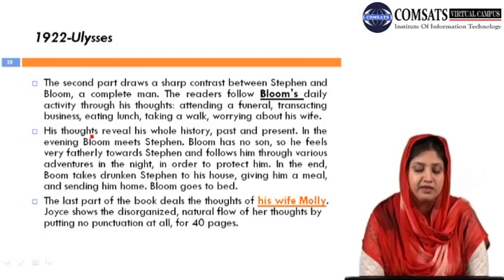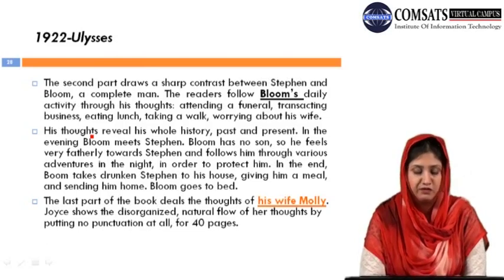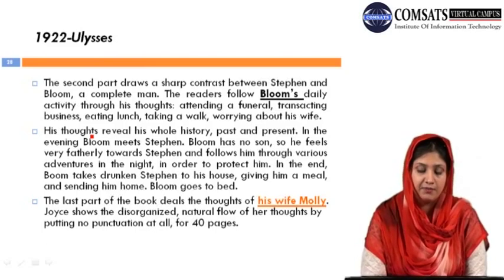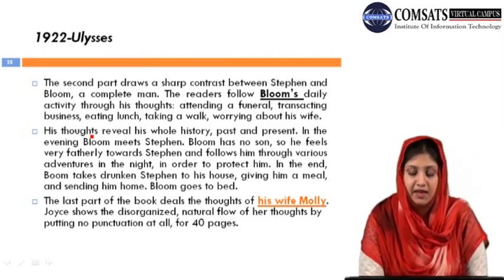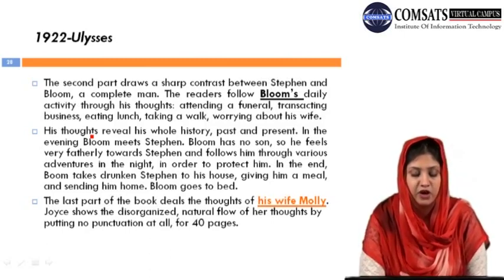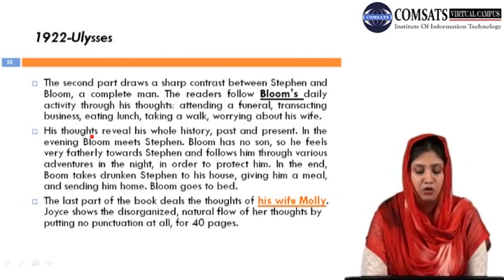In the evening, Bloom meets Stephen. Bloom has no son, so he feels very fatherly towards Stephen and follows him through various adventures in the night. In order to protect him, in the end, Bloom takes drunken Stephen to his house, giving him a meal and sending him home.